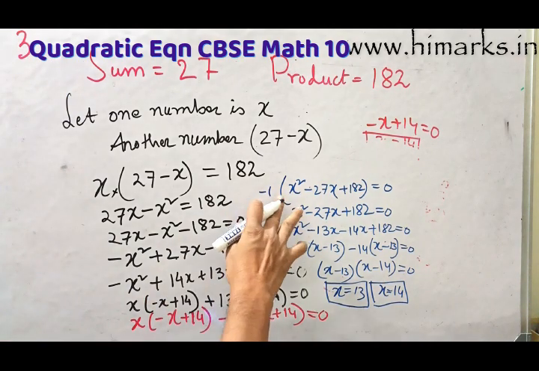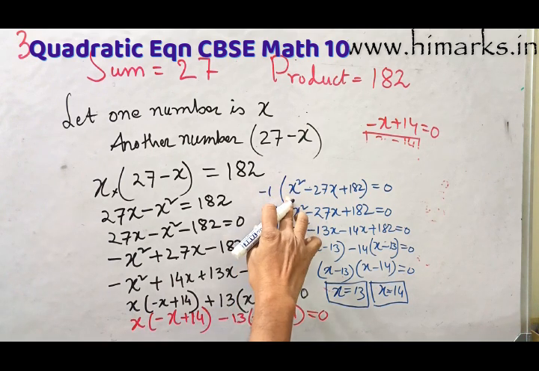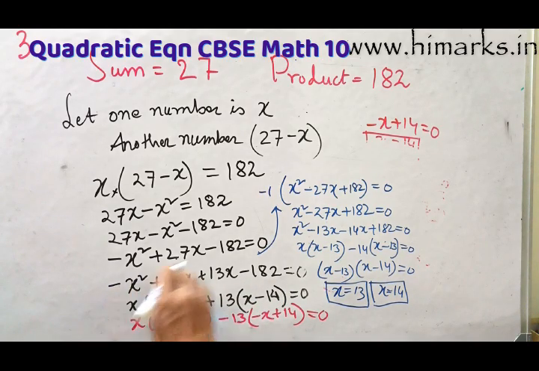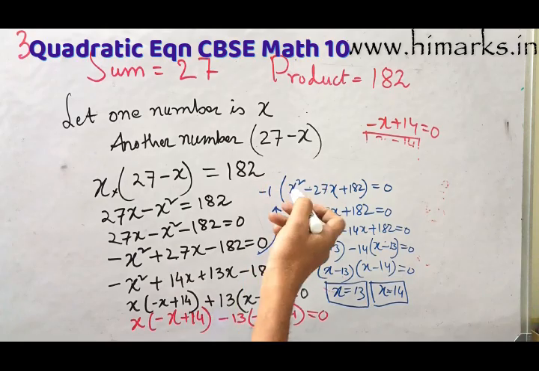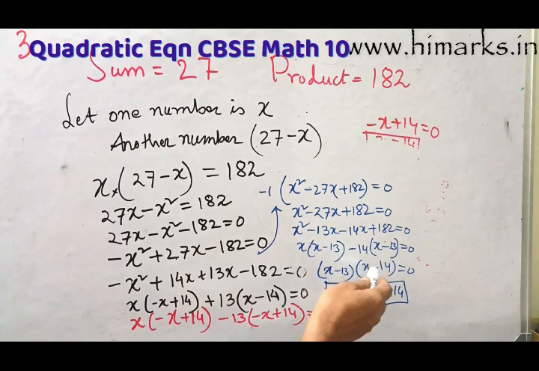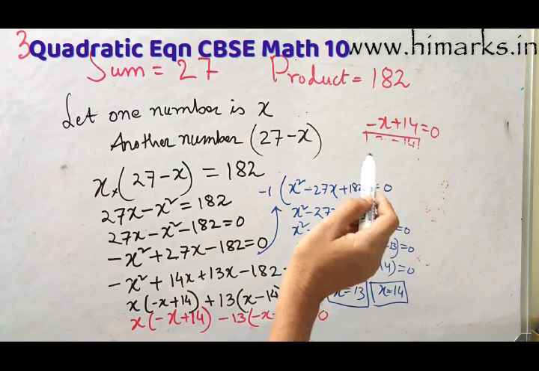So if you avoid minus sign with x square, that is why things become a little lengthier and complex. So don't do that. Come by this way, so that you make x square coefficient positive. With that, if you can progress, it will be much easier.